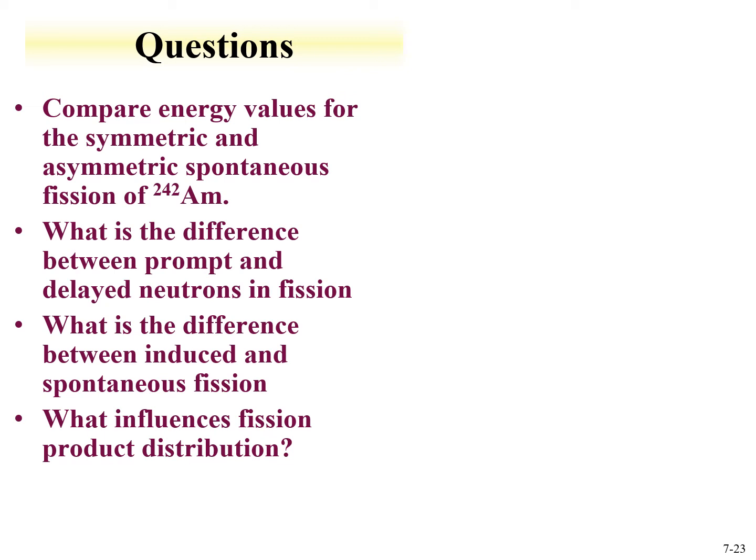Whereas spontaneous fission is just another decay route. As we saw, Flerov first investigated spontaneous fission of uranium-238, where the uranium-238 decays by fission as a competitive route with alpha decay. And then finally, what influences fission product distribution? Well, there are a few things: the energy of the neutron and the target itself.